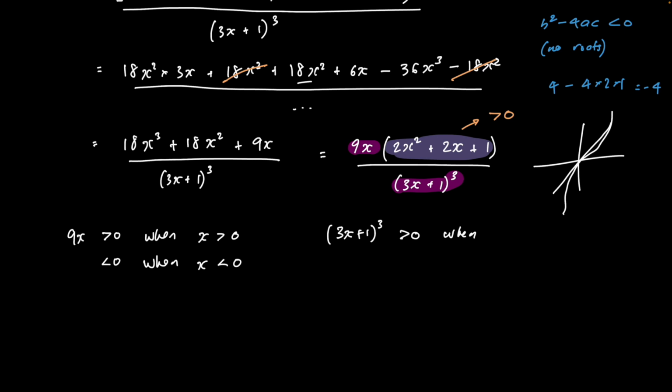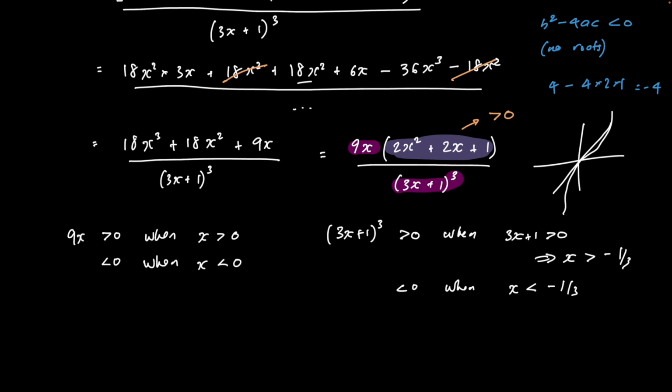So 3x plus 1 cubed is greater than 0 when 3x plus 1 is greater than 0, which means x is greater than negative 1/3. This is that same asymptote value we had before. Okay, so cool. And then it's less than 0 when similarly x is less than negative 1/3. And it's those two terms that are going to determine the overall sign of our second derivative.